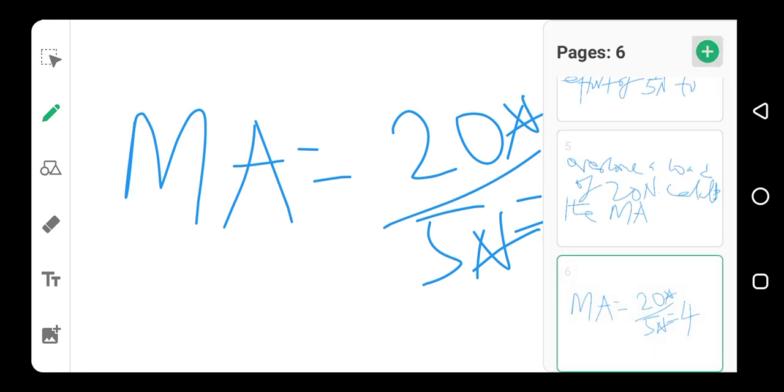Example 2. If a man overcomes a load of 20 Newton, calculate the effort applied if the mechanical advantage is 2.